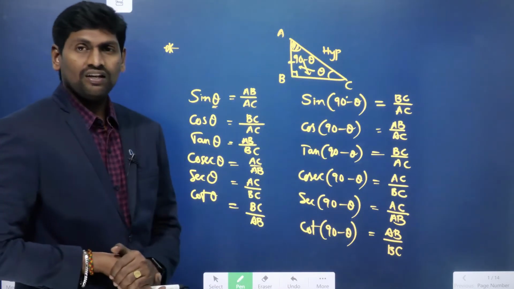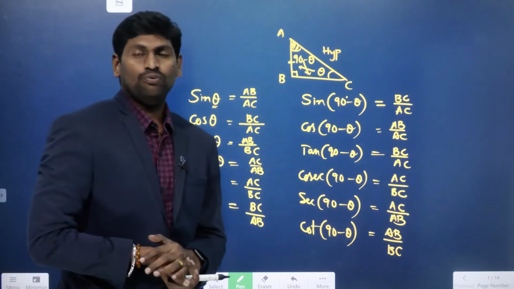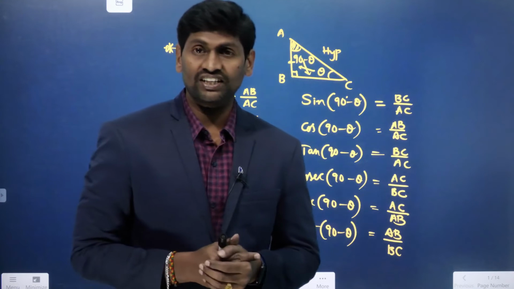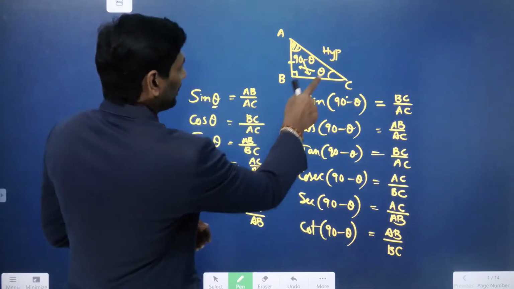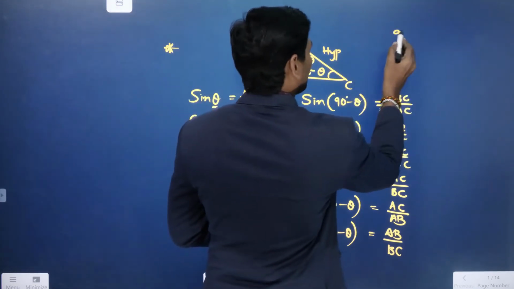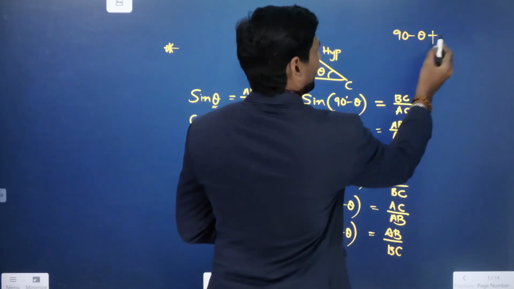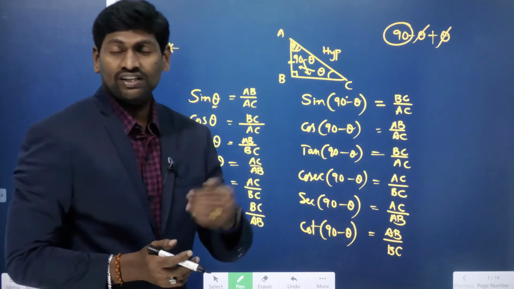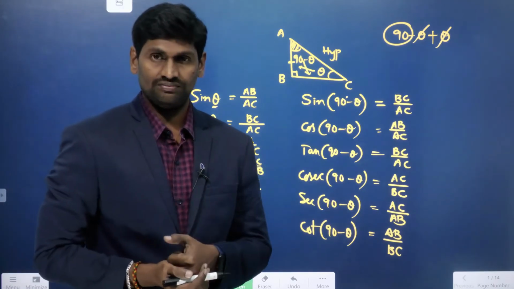Now from this we can say, we know that complementary angles means the sum of two angles is 90 degrees. So theta and 90 minus theta: the first angle is 90 minus theta, the second angle is theta. The sum of the two angles is 90 degrees, so we can say the two angles are complementary to each other.